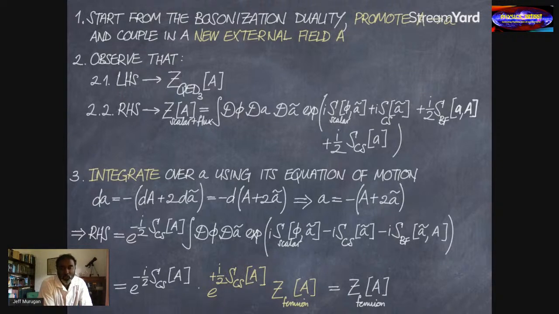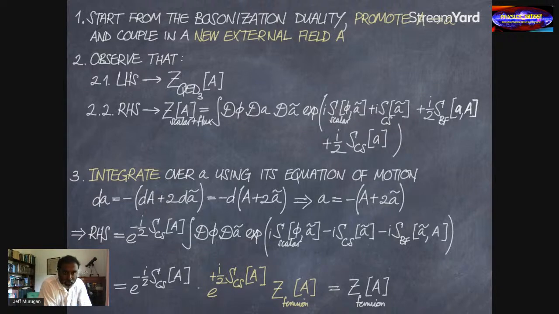You take your external gauge field, this thing that I said was just chilling out in the background, not really doing anything, some external magnetic field that somebody turned on, but your electrons live on the plane and they experience this external gauge field. But now you promote it to a fully dynamical gauge field, which we'll call little a. And then you turn on a new background field, a new external gauge field, which I'm going to call capital A. I know the notation is confusing, but it's consistent with the literature.